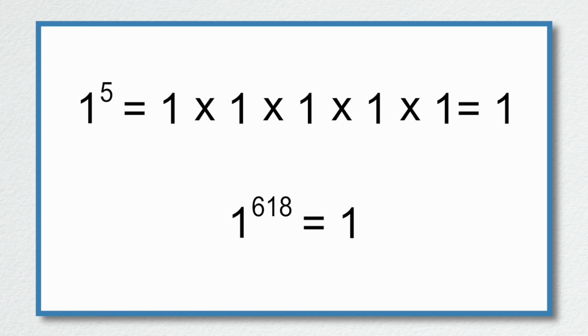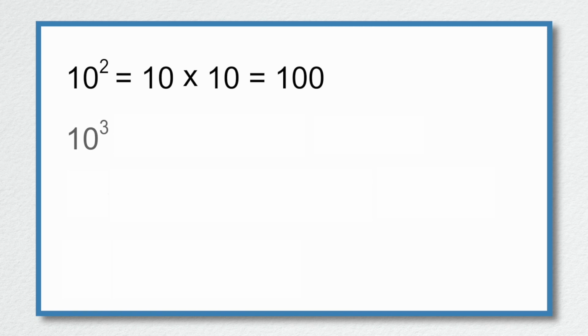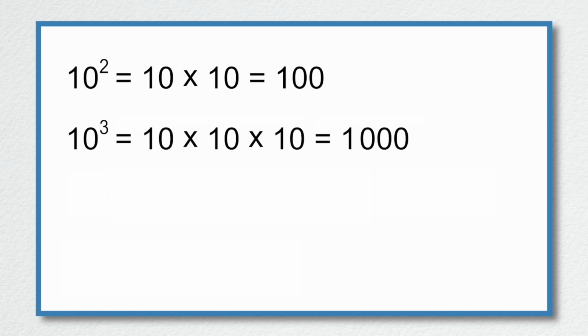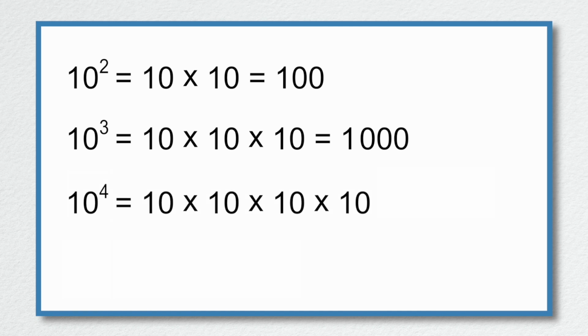Now let's look at 10 to the power of something. Well, if I had 10 to the power of 2, that's going to be 10 multiplied by 10, which is equal to 100. And 10 to the power of 3 is 10 times 10 times 10, which is equal to 1,000. And if I had 10 to the power of 4, that's 10 times 10 times 10 times 10, which is equal to 10,000.